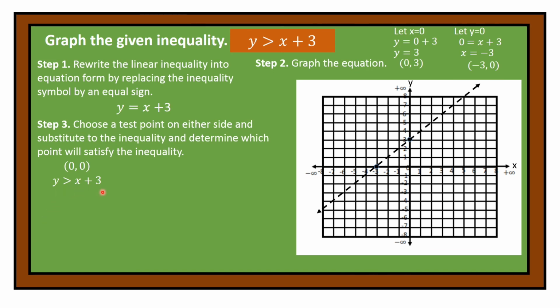So, isa-substitute natin yung 0 sa ating x at 0 sa ating y. So, ito ay magiging 0 is greater than 0 plus 3. So, we have here 0 plus 3 is equal to 3. So, check natin kung ito ba ay true or false. 0 is greater than 3. So, this one is false. Ibig sabihin, ang 0, 0 is not a solution.